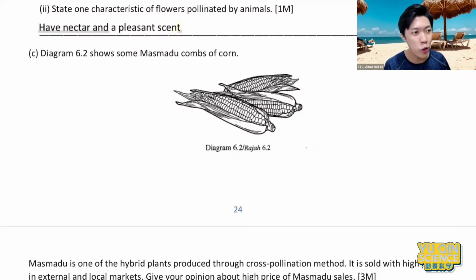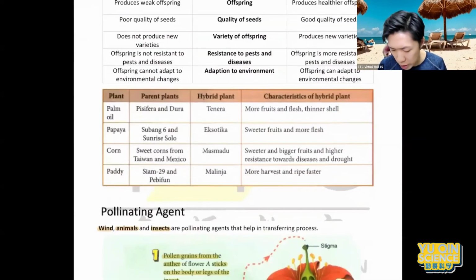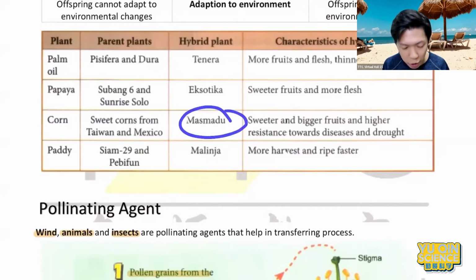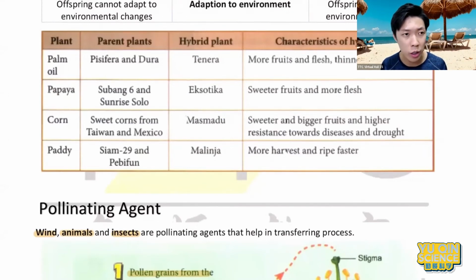Yeah, 6.2 shows some Masmadu combs of corn. Oh wait, sounds familiar though. Oh my god, it's actually from your textbook. Masmadu is a cross pollination or cross breeding between corn from Taiwan and corn from Mexico.